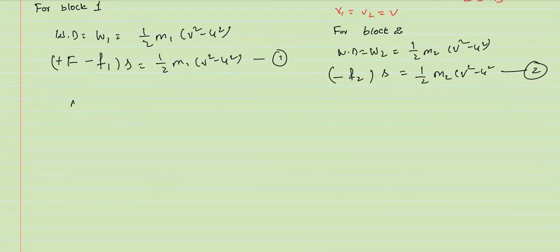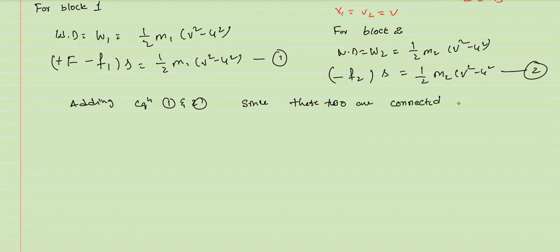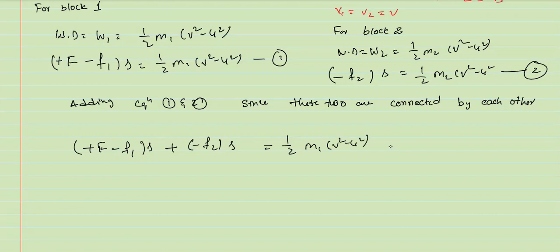So, adding equations 1 and 2, since these two are connected to each other, we get plus F minus F1 into S plus minus F2 into S is equal to half M1 into V square minus U square plus half M2 into V square minus U square.